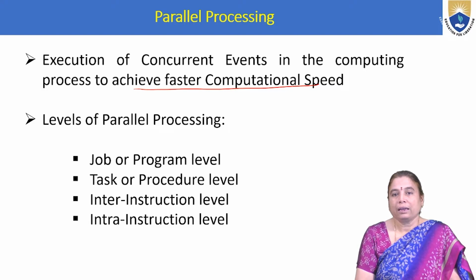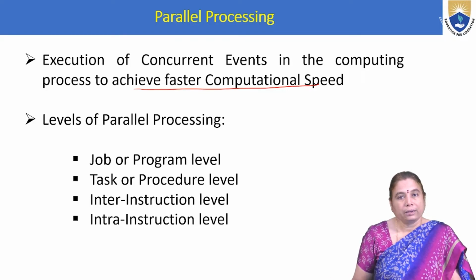Instruction level can be achieved between the programs of a project. The data dependency has to be eliminated with the help of intra-instruction level parallelism. So, parallel processing can be done at task level, program level, inter-instruction level or intra-instruction level.